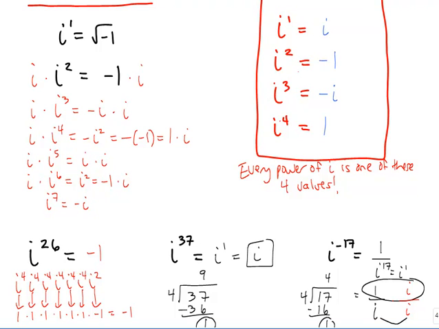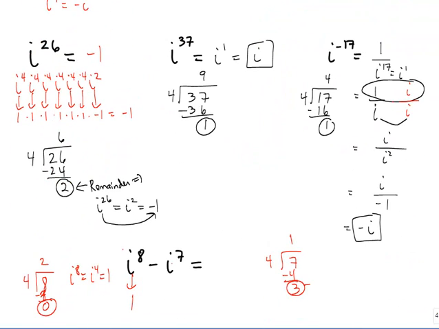So that means i to the 7th, the original problem, is the same as i to the 3rd, and since i to the 3rd is the same as negative i, this becomes a minus i, and then there was subtraction between these two answers. So 1 minus a negative i becomes a double negative, so this turns into 1 plus i.